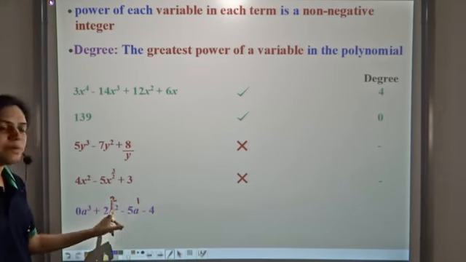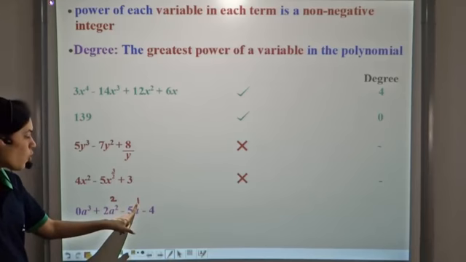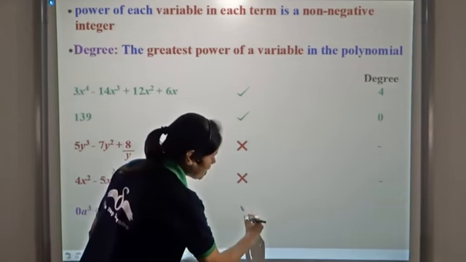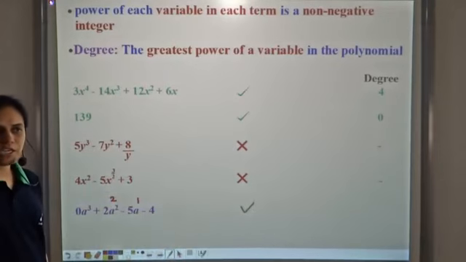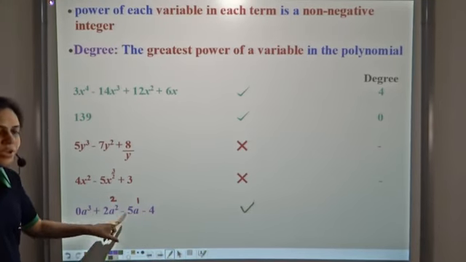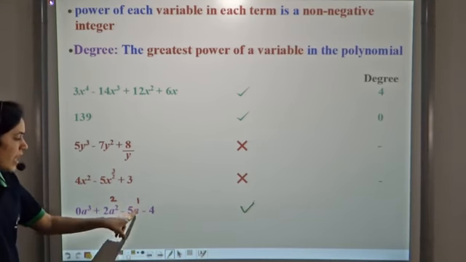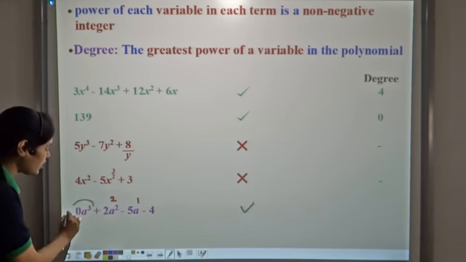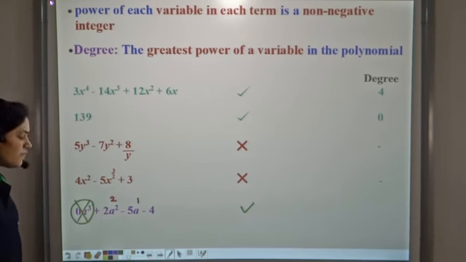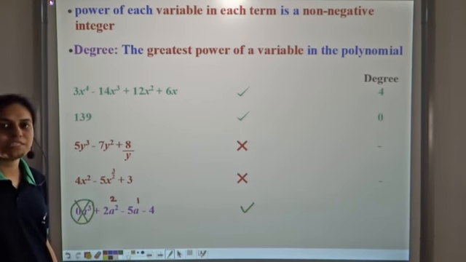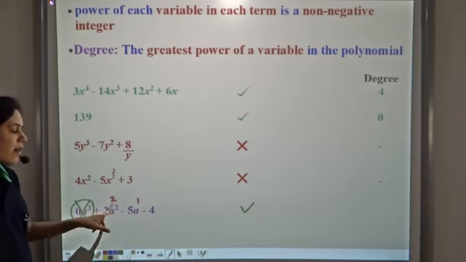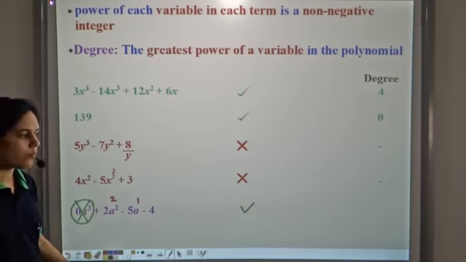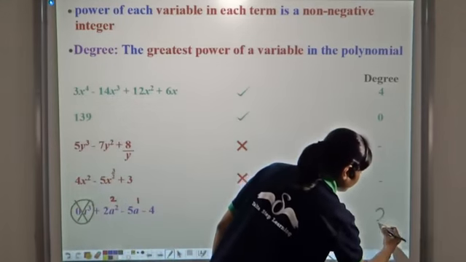So the power of the variable in each term is a non-negative integer. So this is a polynomial. And what is the degree of this polynomial? We look at the highest power. The highest power is 2. Note that it is not 3 because we ignored this term. It is 0. So the highest power is 2, and hence the degree of this polynomial is 2.